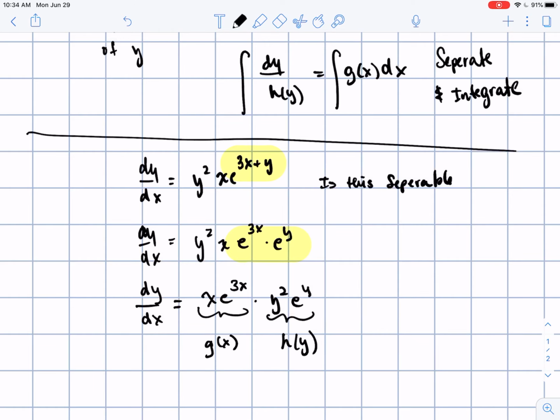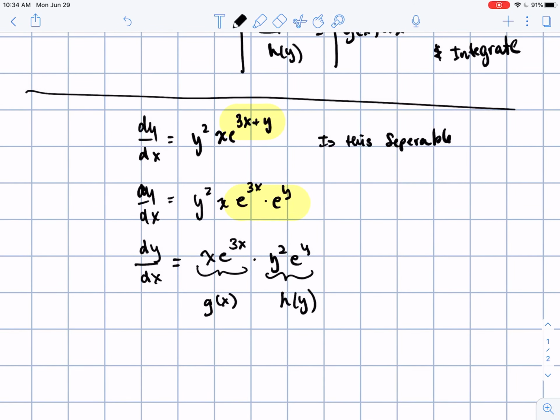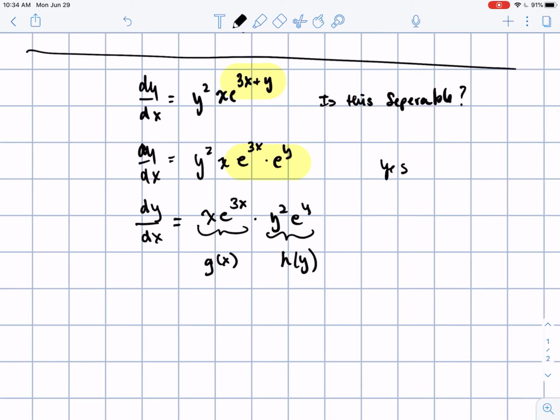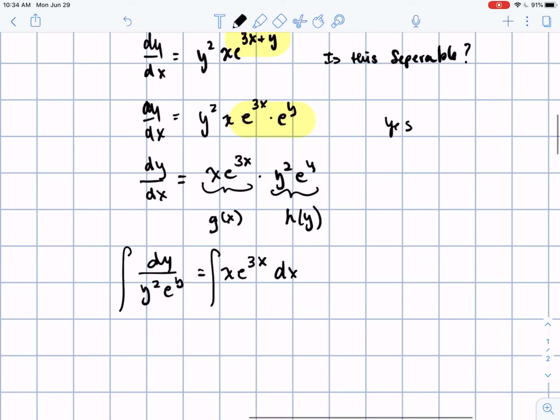All right, and so this is separable. The reason why is you can group x's together and y's together like this, and then you can integrate as it goes along. That's an example of something separable.